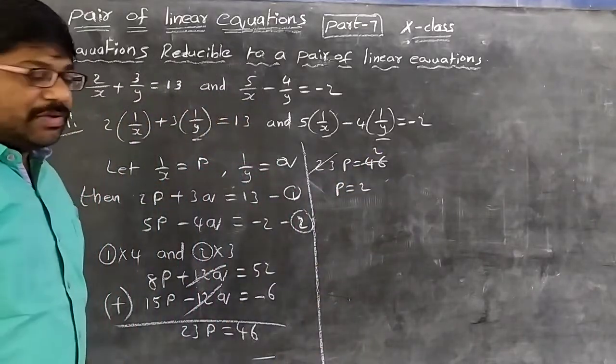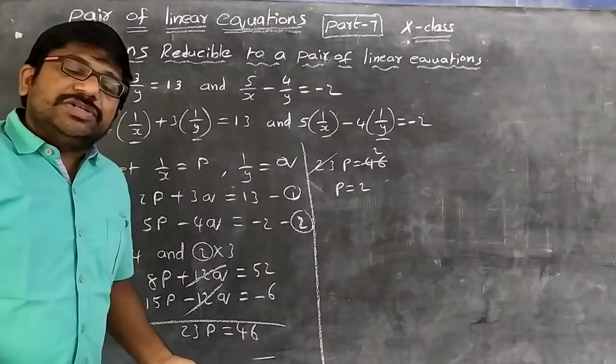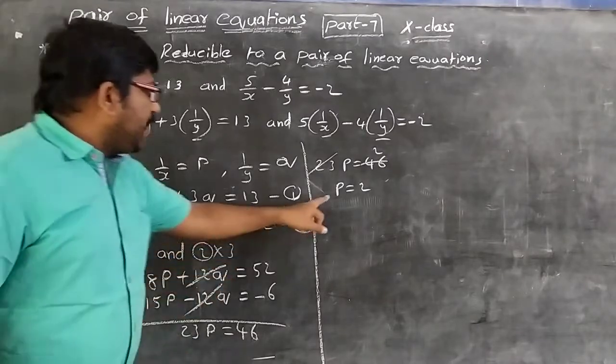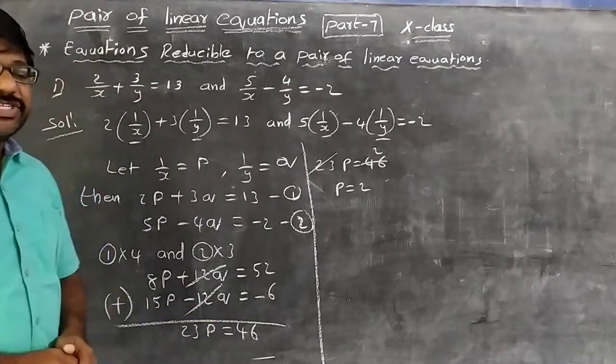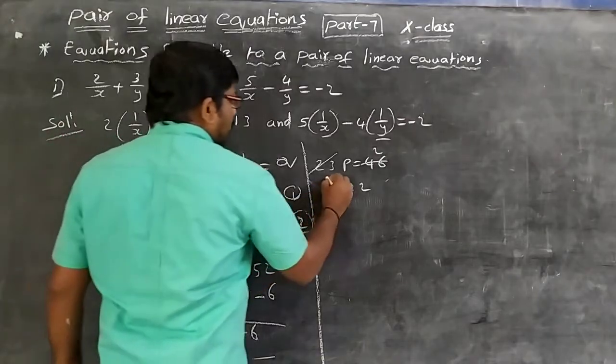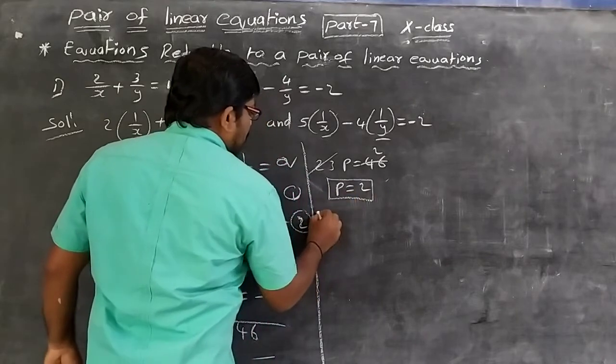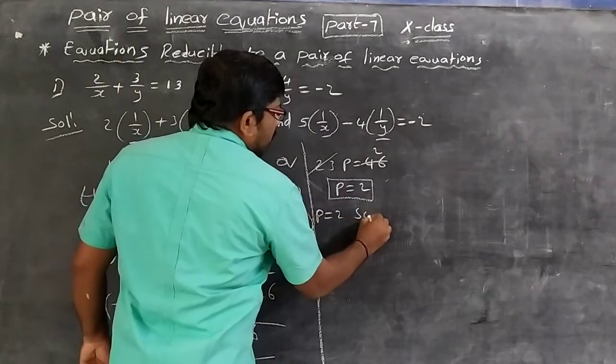We got the p value. To get the q value, we substitute the p value in equation 1 or 2. p is equal to 2.